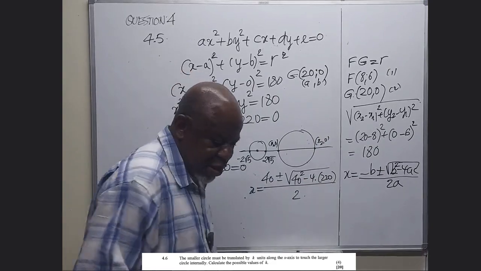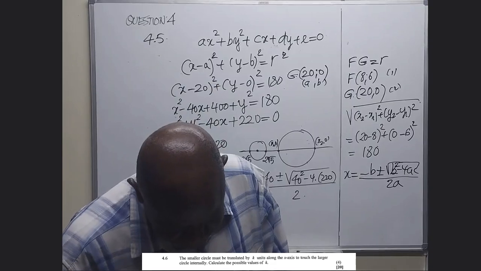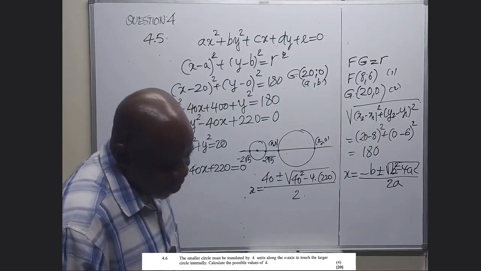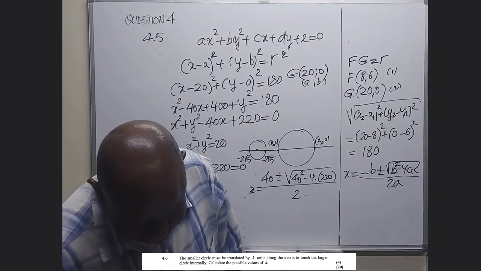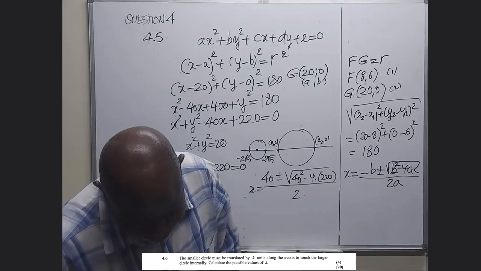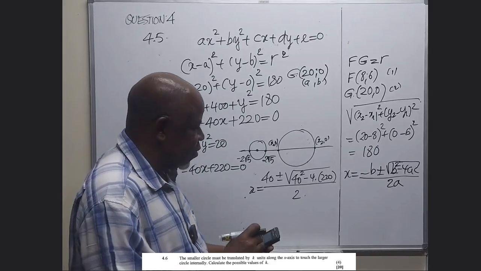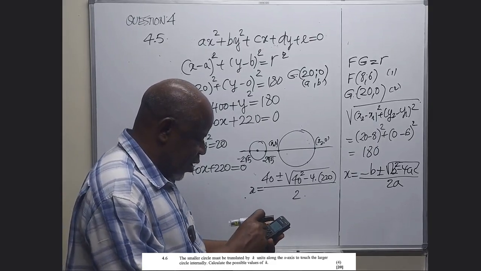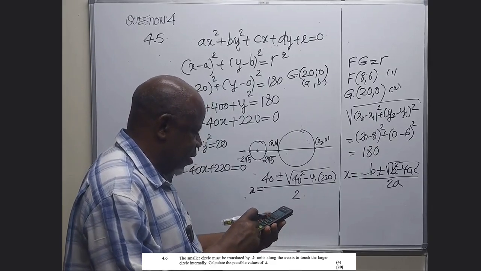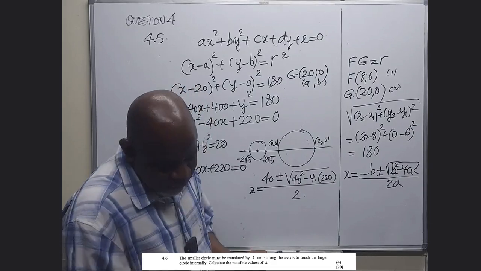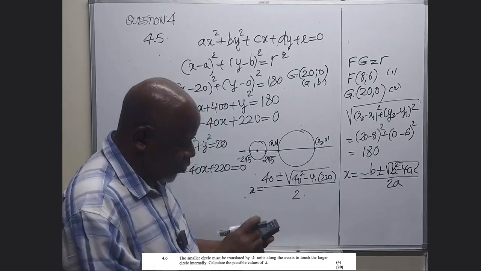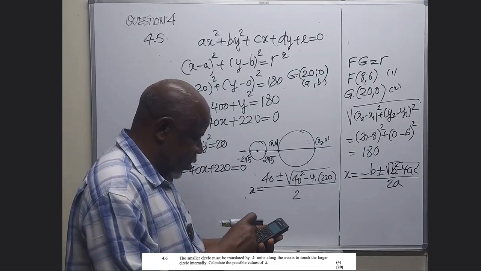So let's get a calculator. 40 squared, no mistake, minus 880, we get 720. Square root of 720.